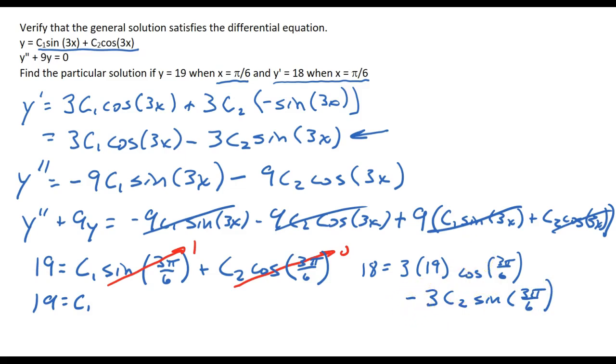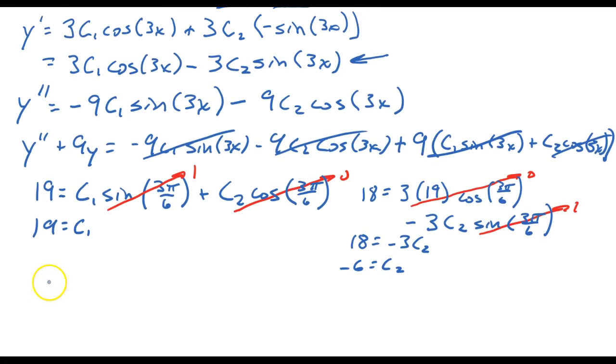And once again, the cosine of pi over 2 is 0, so this whole term disappears. That is 1. So I get 18 equals negative 3c2, so negative 6 is c2.